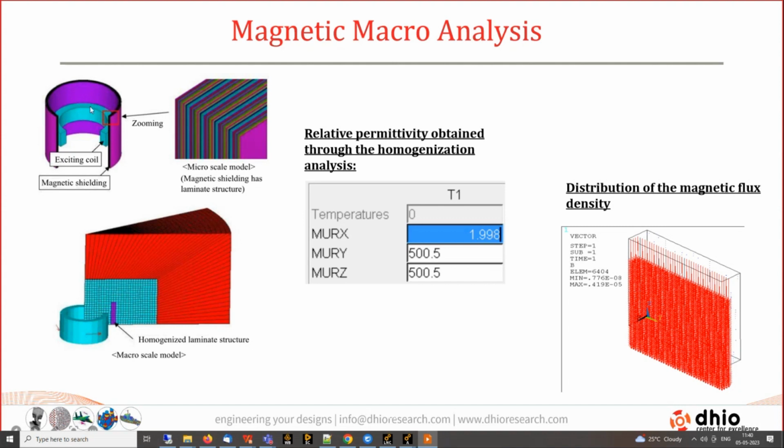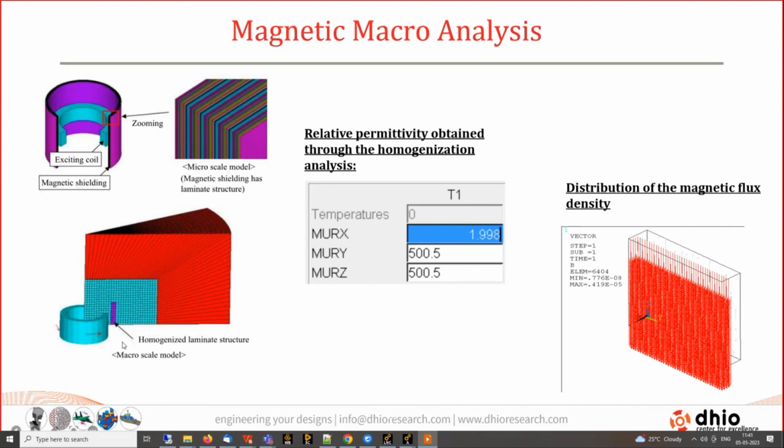This is the proper macro model, and in order to get the material property, we have taken out an RVE, a representative volume element, a microstructural model, and in that we have taken only the two layers. Once we have applied the material property of the two layers, we will get the material property of the total composite itself, and this material property can be used for our macro model.